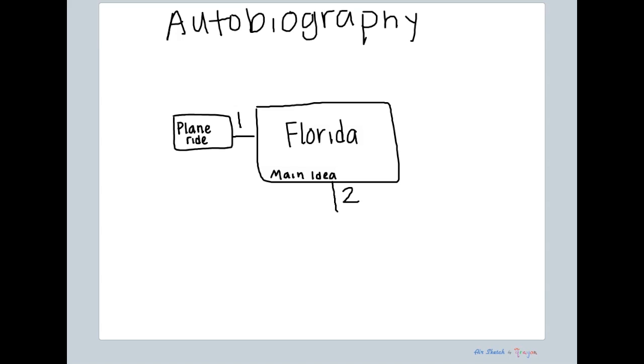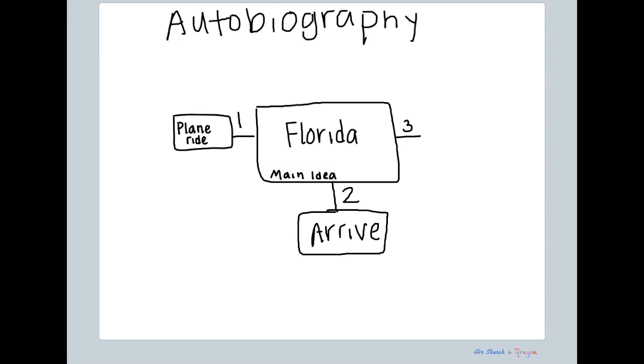So the second thing that happened in my trip is that we were able to arrive. And then I'm going to go ahead and put a box around that. And then after I have that, I need to think about my third detail that I want to talk about in my story.